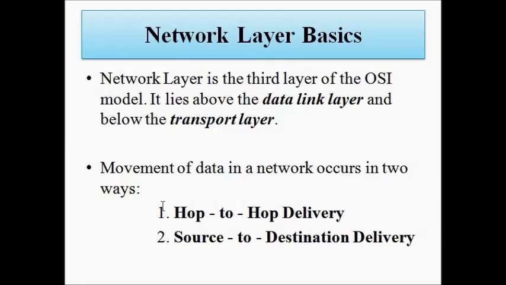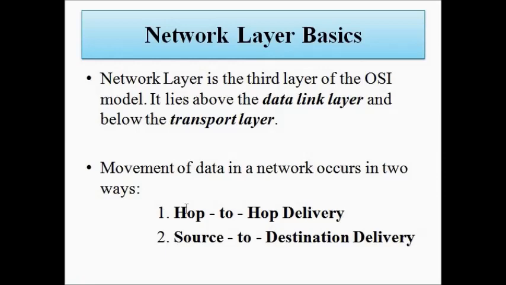The network layer comes into play in the movement of data across a network. We know that a network consists of many devices, or end systems, or many nodes, which are connected in various arrangements, in various architecture types.